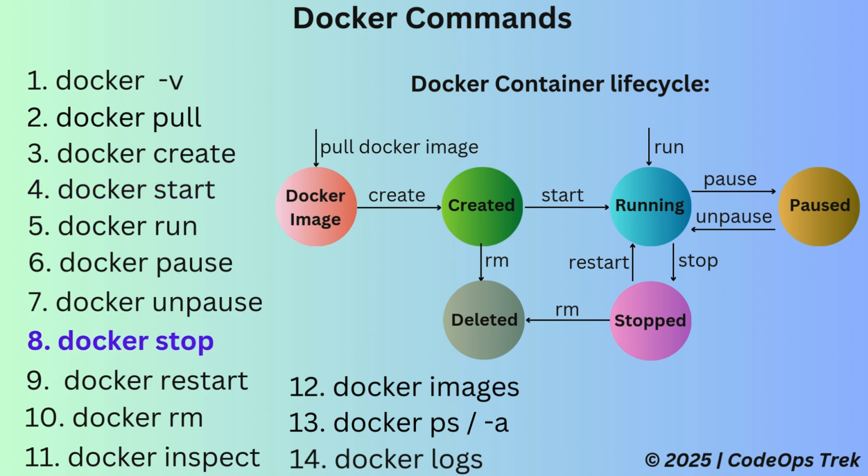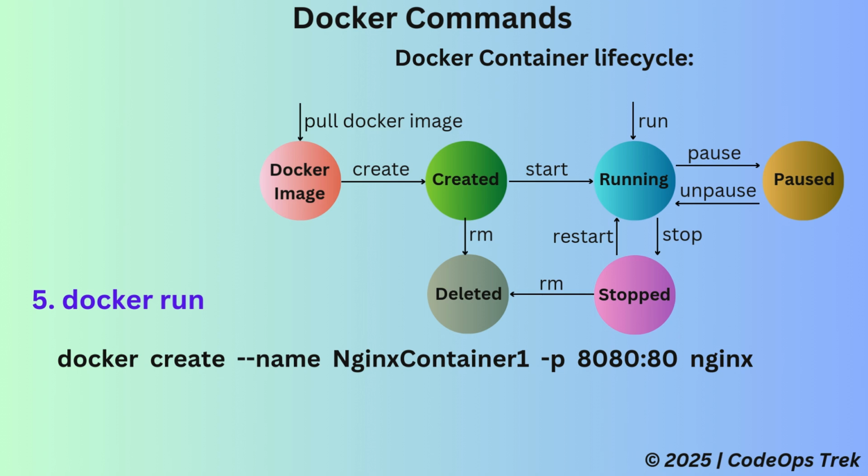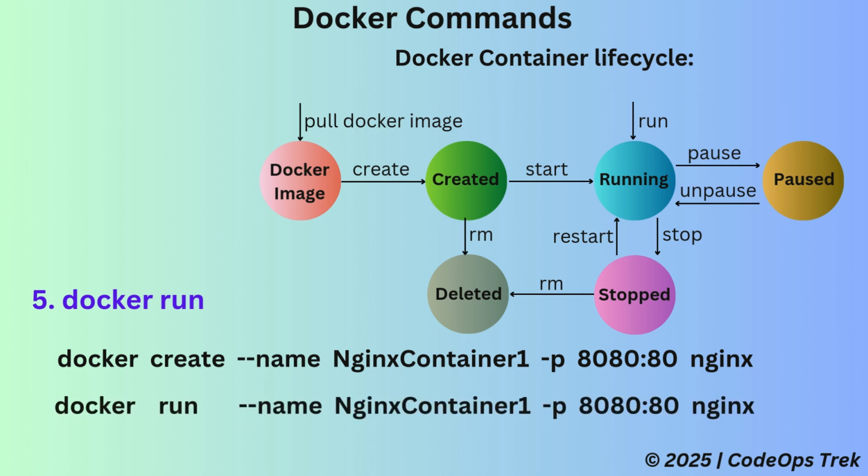Additionally, we stopped Docker containers using the docker stop command and validated their status through docker ps and docker ps -a. Now, let's explore the next command, which is docker run. The syntax of the docker run command is similar to the docker create command, where we use docker run instead of docker create, and the rest of the command is the same.